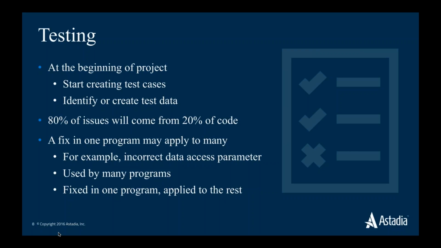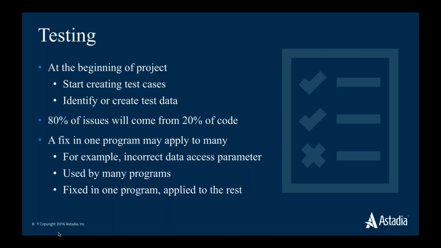It's important to remember, though, that a lot of times when you find an error in one program, because of the nature of the project, that may fix many other issues in other programs that are experiencing the same error, which may not have been tested yet. For example, when you're doing a modernization project, you are modernizing, many times, the data access logic.